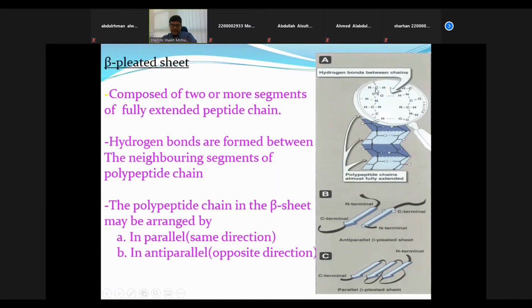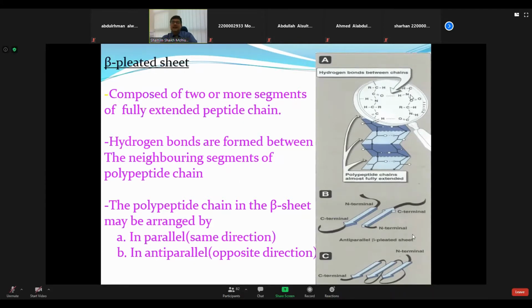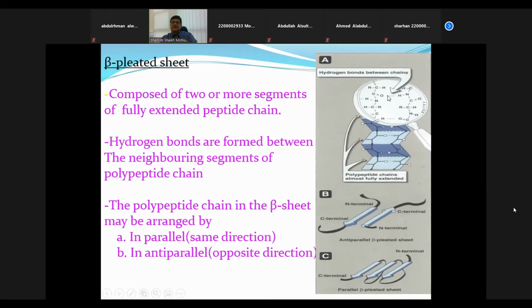So this is a primary structure, and this is another primary structure. Now the two structures are joined together by the dotted line, a hydrogen linkage. So two structures are joined together by hydrogen bonds.